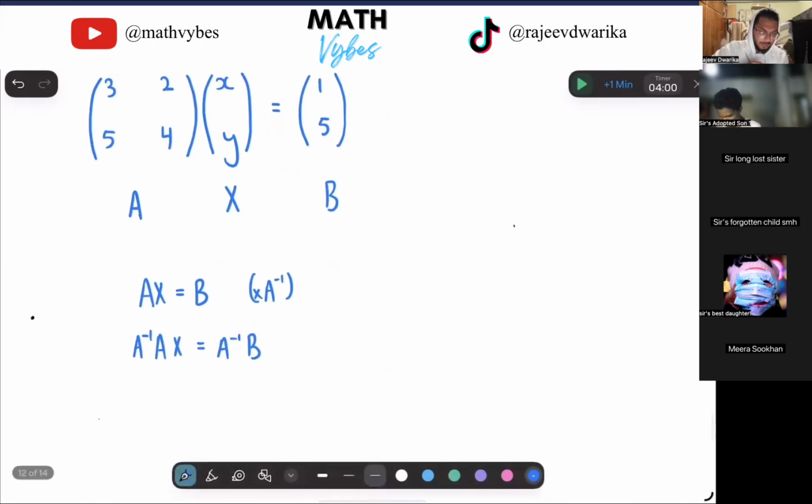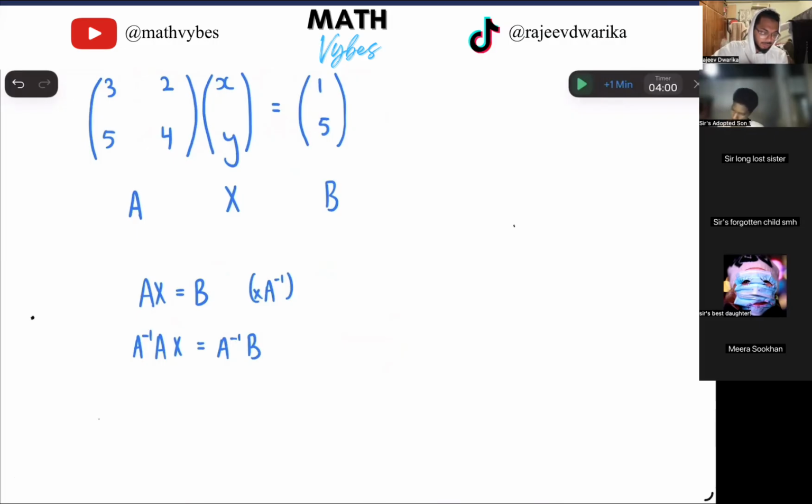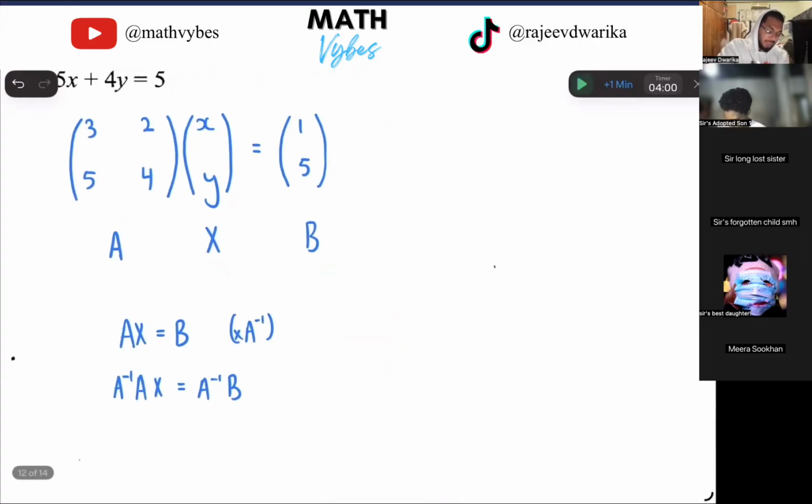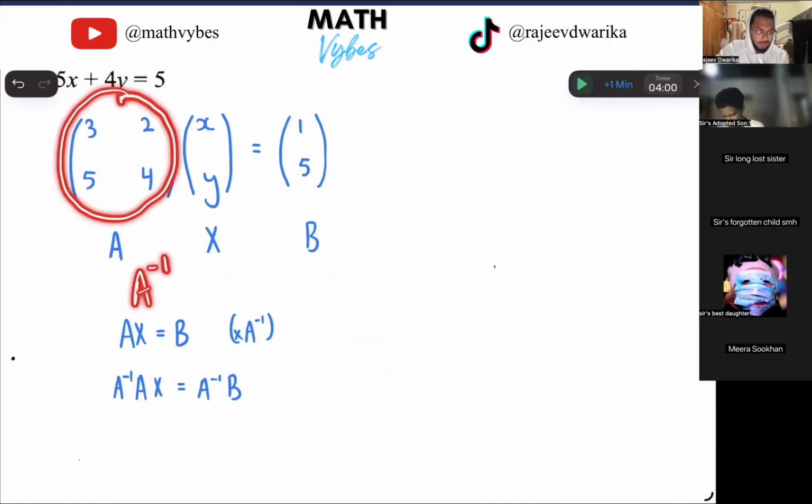You know why? Or not? Because A comes first before B. No, I don't know. A is a 2 by 2 matrix, right? So if you find A inverse, what order do you think that will be? It'll be a 2 by 2 as well. Right.